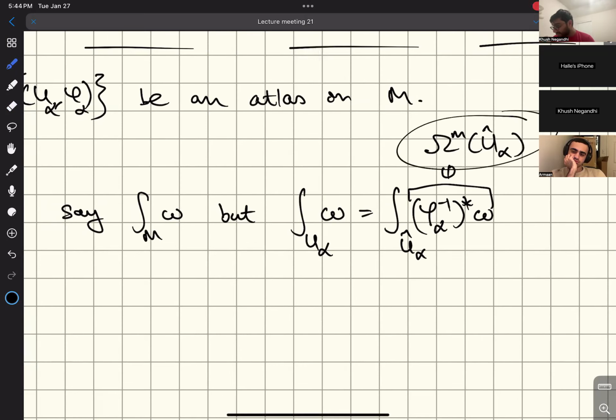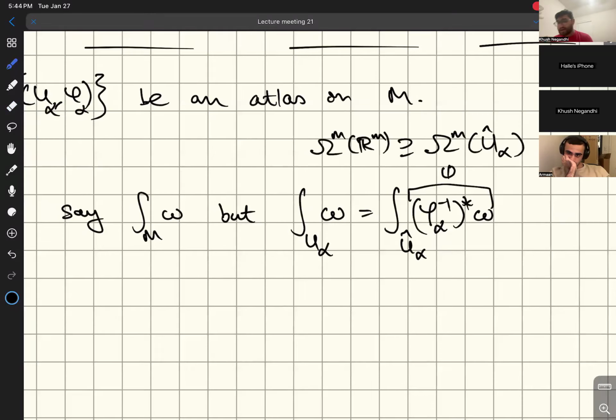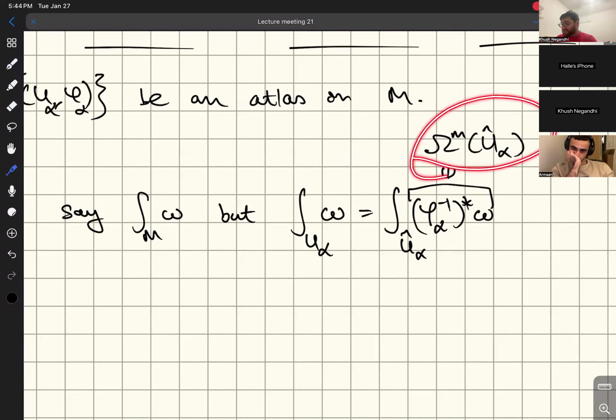But this is just a subset of m-forms on Rm. Not really, but kind of. So actually I'm not gonna bother writing that because it's not even true. But now this is just a subset of Rn, and I know what integration means.